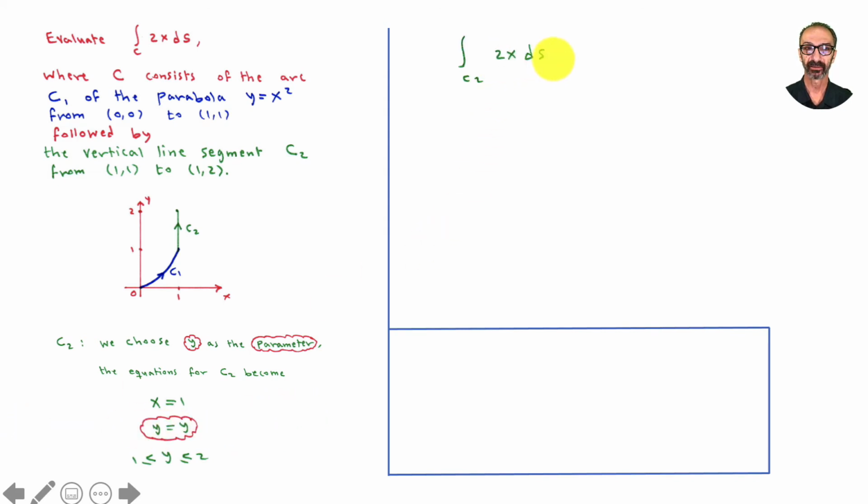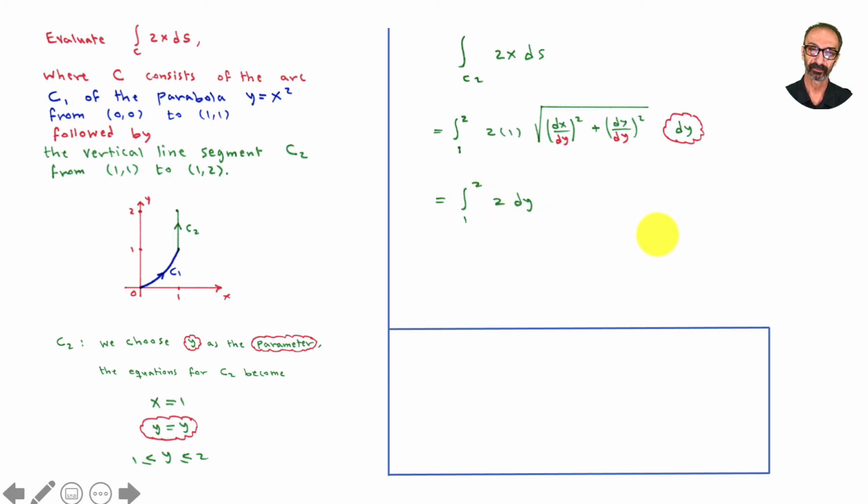So I have 2x ds. That's my main integral. But now we're focused on the green, on C2. My parameter is y, so I'm going to go dx/dy, which is 0, and dy/dy is 1. 0 squared plus 1 squared is 1, square root is just 1, and 2 times 1 is 2 dy, and y goes from 1 to 2, as simple as that.